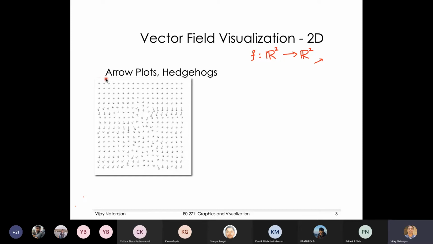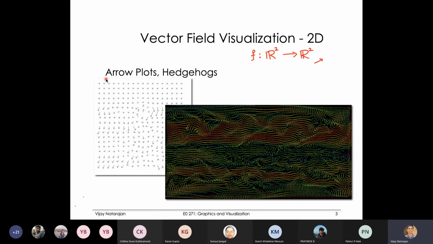Of course, you can incorporate color to indicate a few additional properties. For example, here color, if I understand right, refers to the direction. So X, Y, and Z are mapped to different colors, and the color tells you in what direction the arrows are pointed.